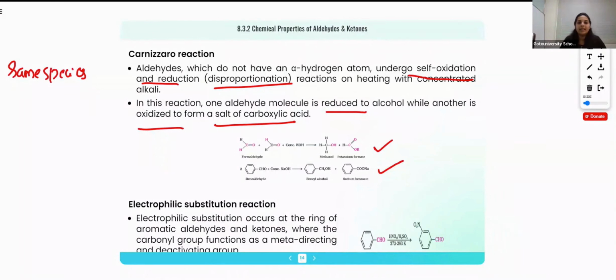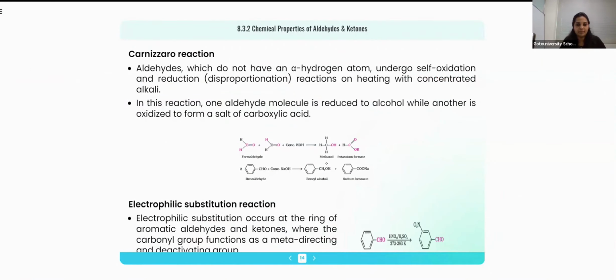Then electrophilic substitution. Electrophilic substitution means an electrophilic group is coming to the aromatic ring of the aldehyde or ketone. See here, the NO2 group is coming. Understood? Here the carbonyl group functions as a meta-directing group. What is a meta-directing group?